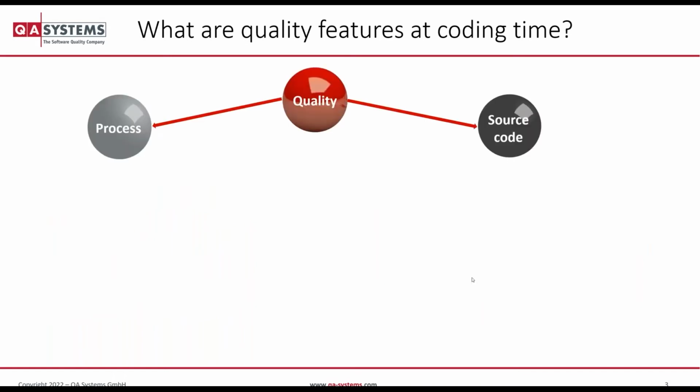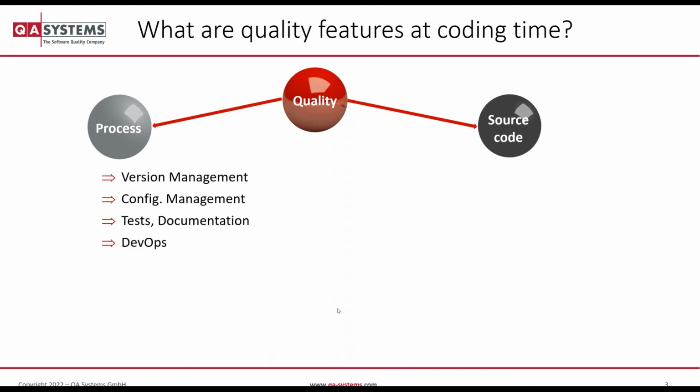Now, if we look at quality features during coding time, what is it? We have on the one side the process, and on the other side the source code. For the process, you have quality criteria like whether you have version management or not, how your configuration management is done, what your tests are, how well everything is documented.